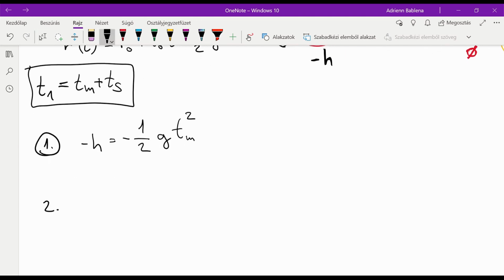And where we hear the sound, it's 0. And our equation was -h.